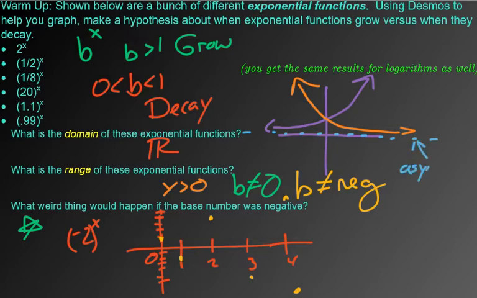As you go to the right, for a decay one, it just keeps getting closer and closer. And as you do a growth one, the really, really small numbers in x will get you really close to 0, but they won't get you to 0.